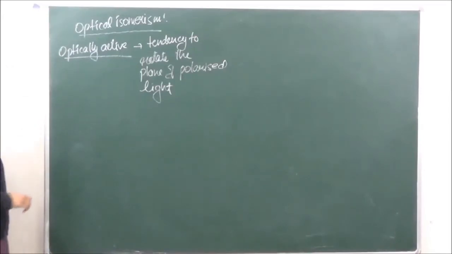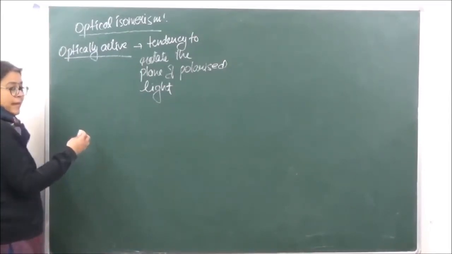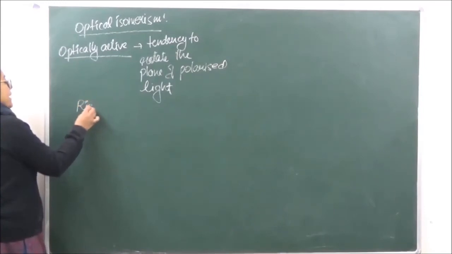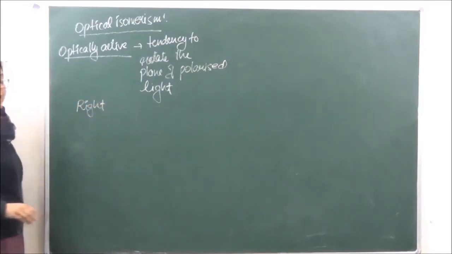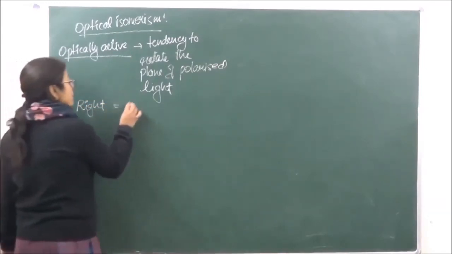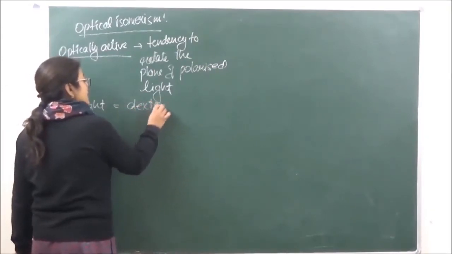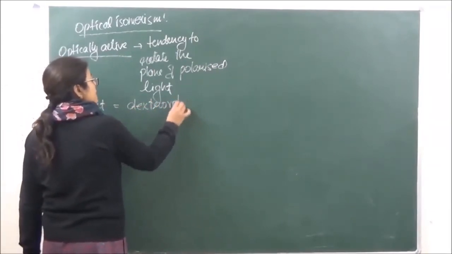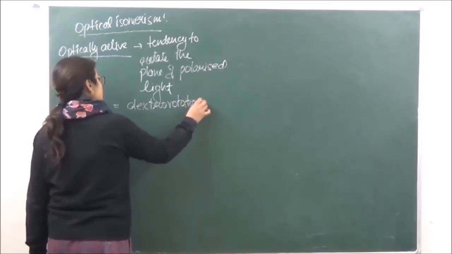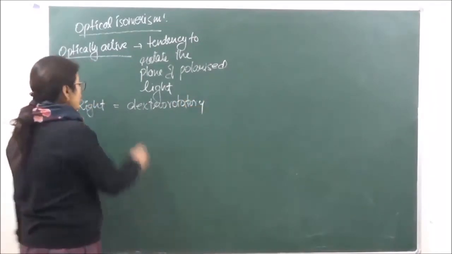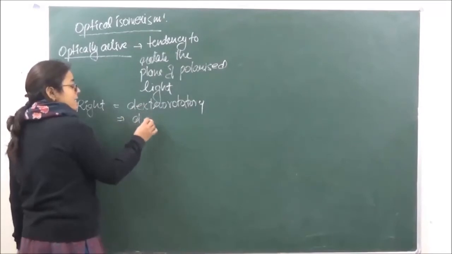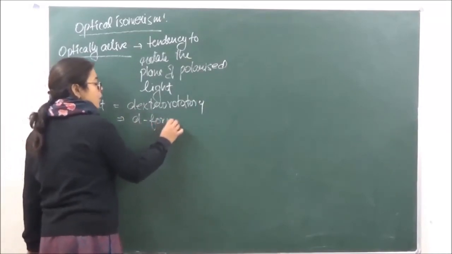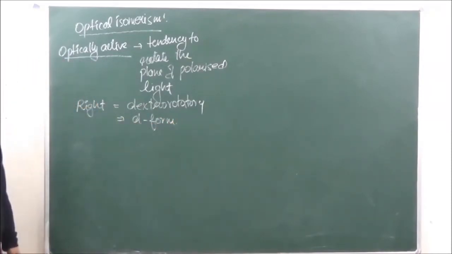Now if the substance or the complex is rotating the plane of polarized light towards right, it is known as dextrorotatory, or in short, the D form or D configuration.